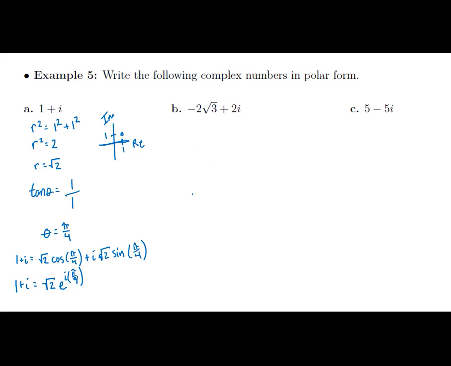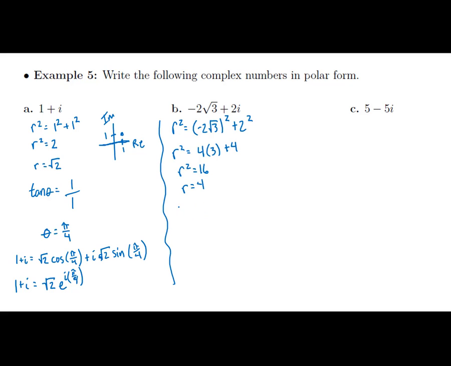All right, so for part B, we need r squared is equal to negative 2 root 3 squared plus 2 squared. So r squared is 4 times 3 plus 4, which gives me 16. So that means r is equal to 4.